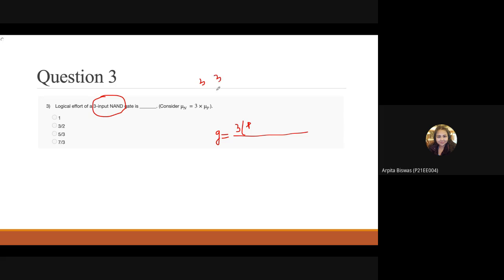So the C input for three of NMOS, PMOS plus three. This is for the NAND gate, and thrice of three inputs.